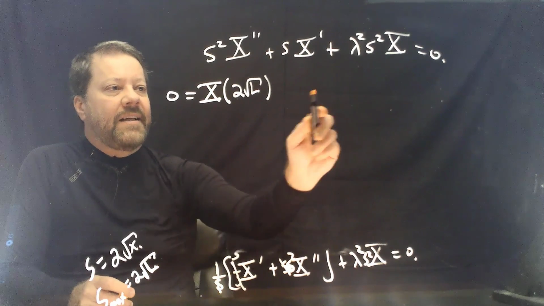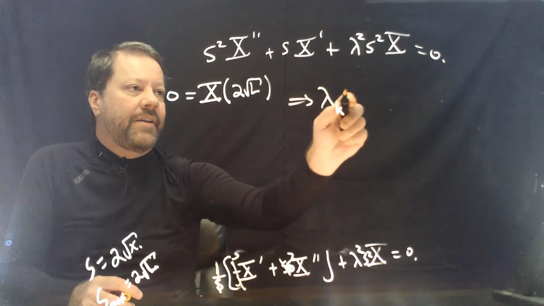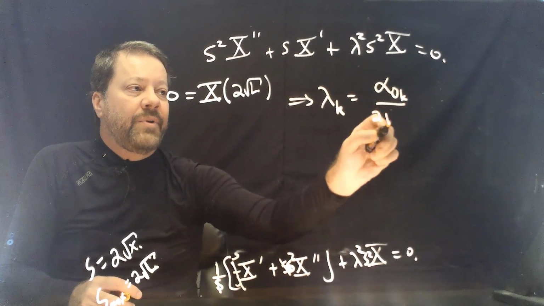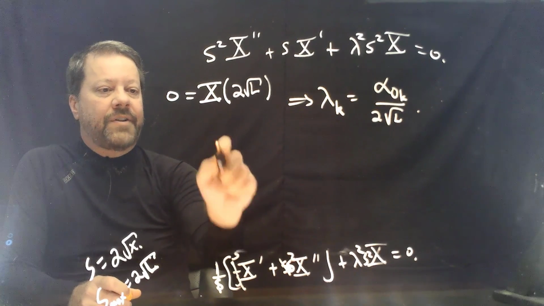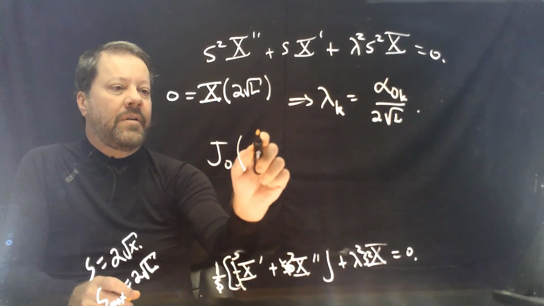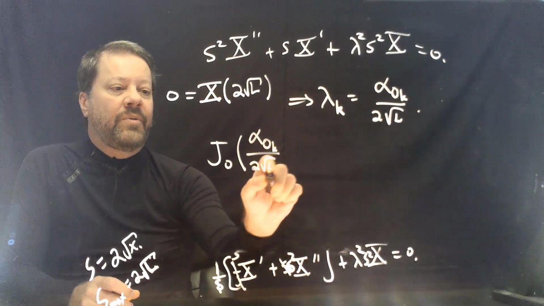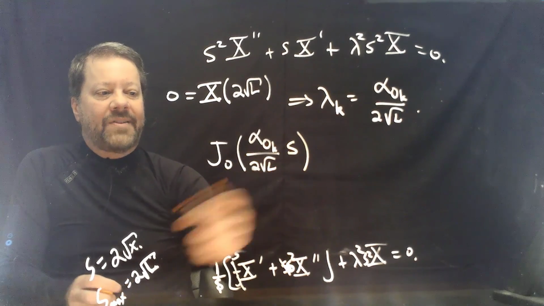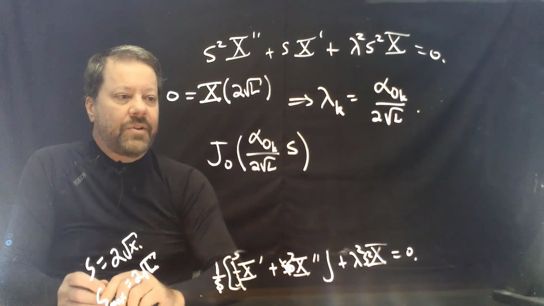That means then that all of our eigenvalues are going to be of the form alpha 0k divided by 2 root L, so that when we plug into our Bessel's functions, alpha 0k over 2 root L times s, whenever s is equal to 2 root L, we'll get a root, and that will give us a solution.